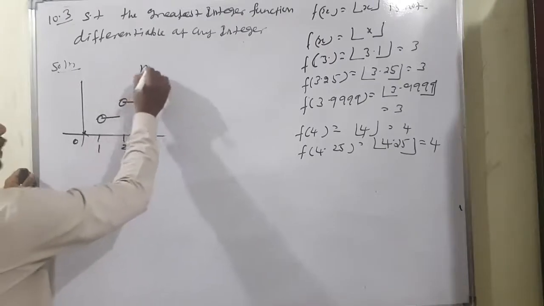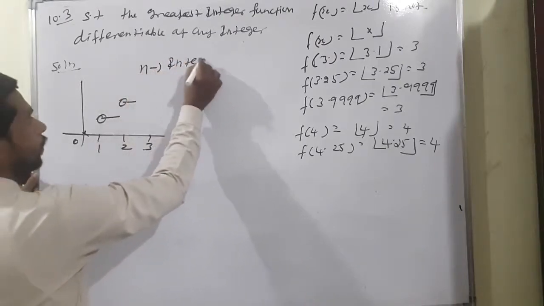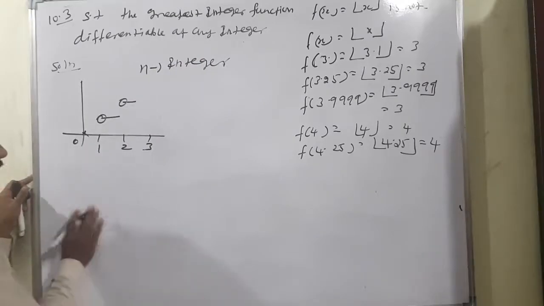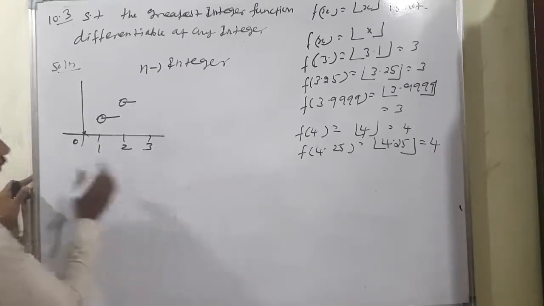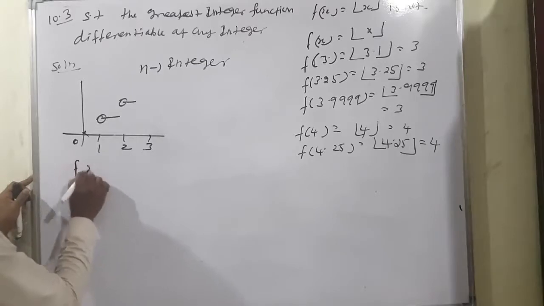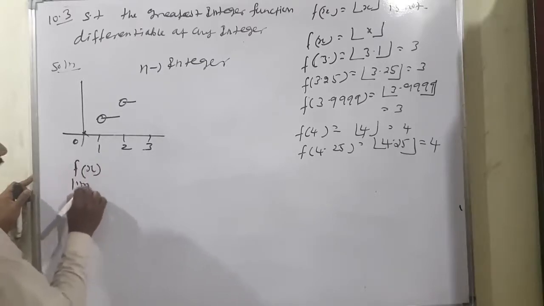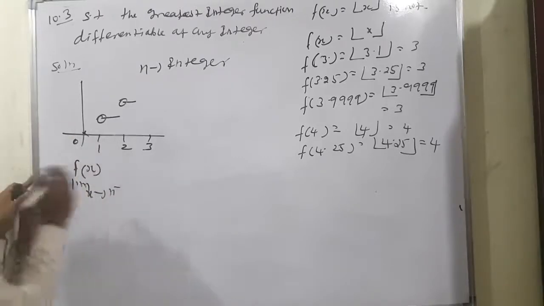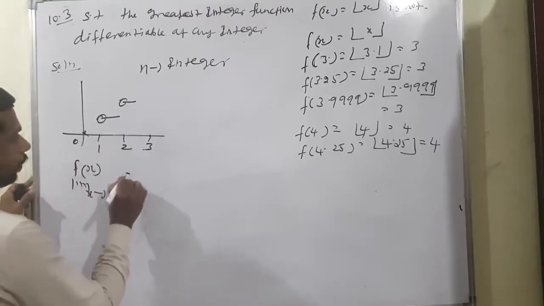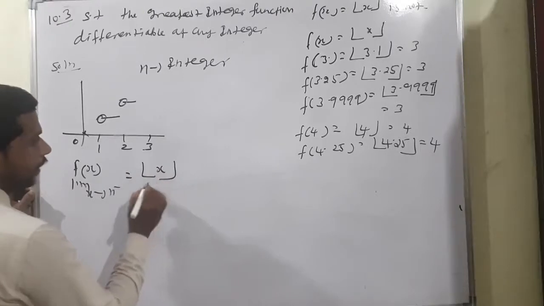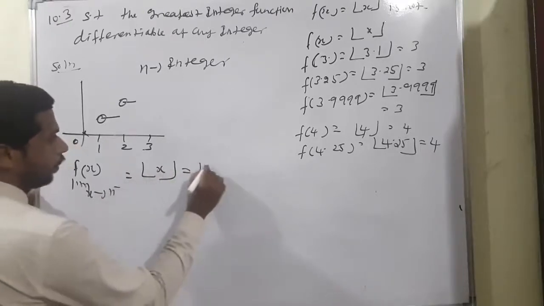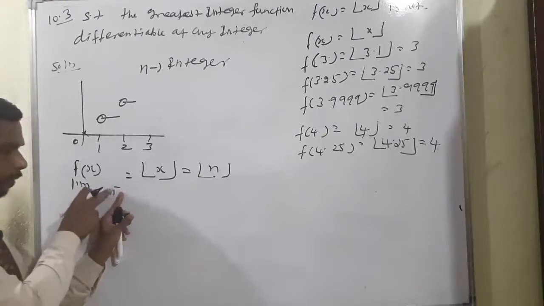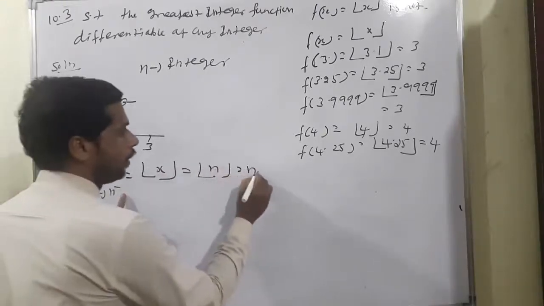So first consider n as an integer. I will explain with the left hand limit and right hand limit. Listen, limit of f(x) as x tends to n minus is the left hand limit. What will happen? Applying the greatest integer function, this is the left hand limit, so the value will be n minus 1.